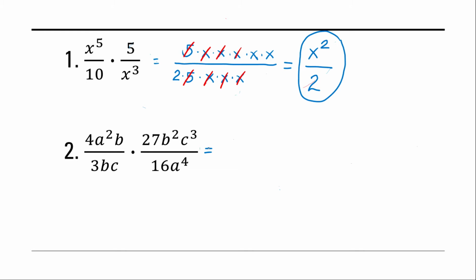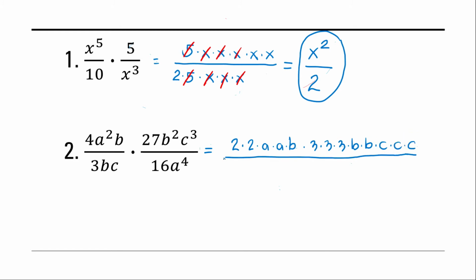So, sa numerator, we have 4a squared b, that is 2 times 2 times a times b. And for 27b squared c cubed, we have 3 times 3 times 3 times b, and then c times c times c.